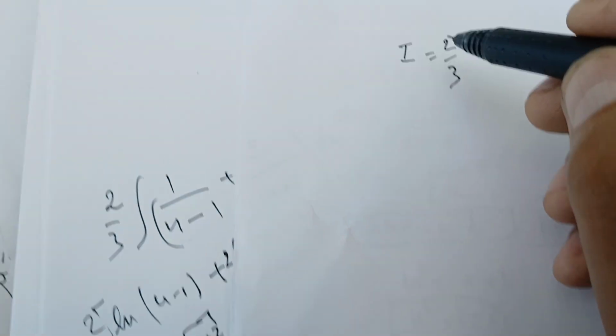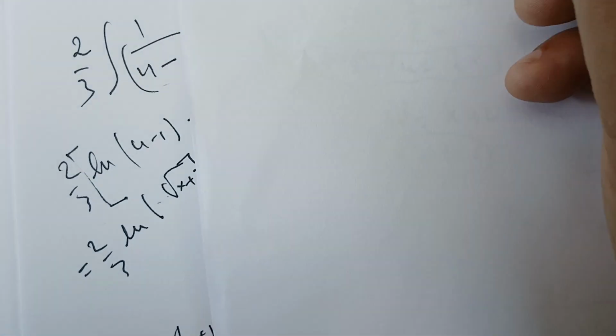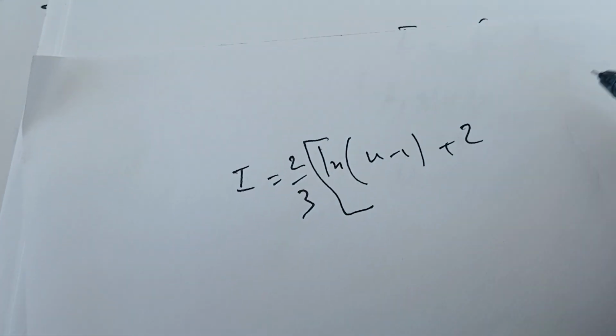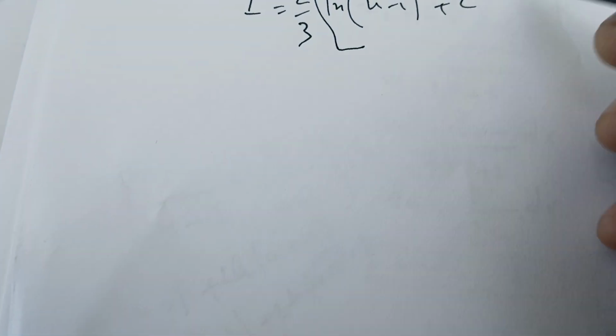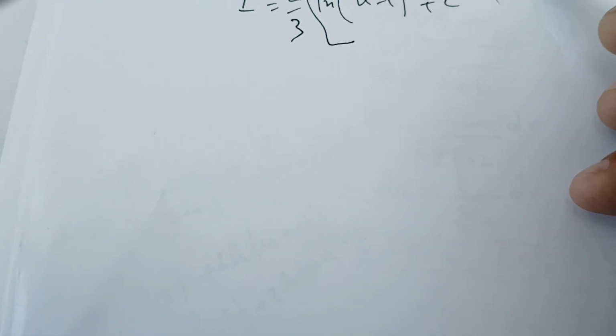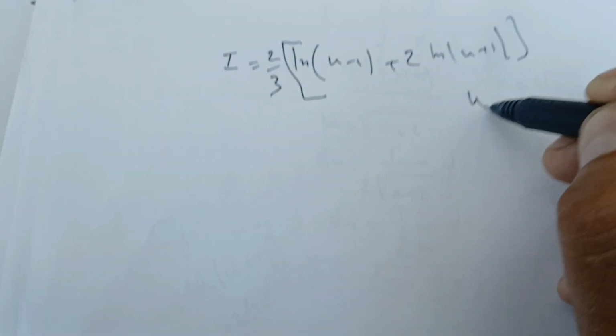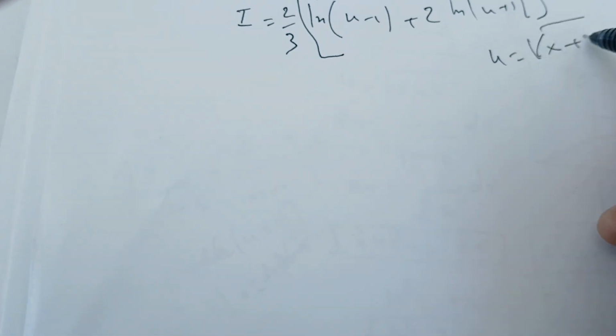I have the final integral as 2 over 3 ln of u minus 1 plus 2 ln of u plus 1, and I know that u is the square root of x plus 2.